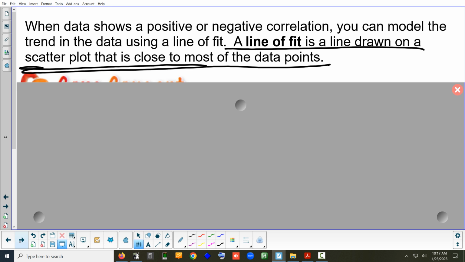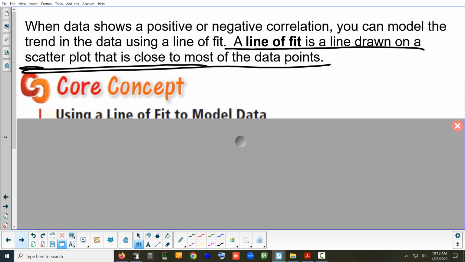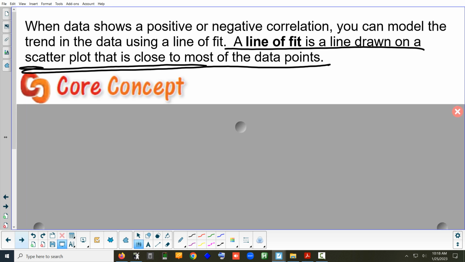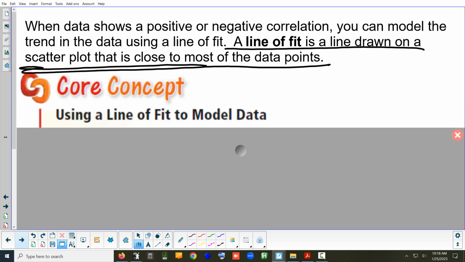So the last problem we're going to do is find a line of fit, but we're going to do it by hand the simple way. We'll save the calculator for another time. Do you guys have on your guided notes, does it say using a line of fit to model data, and then there's 4 steps under it?